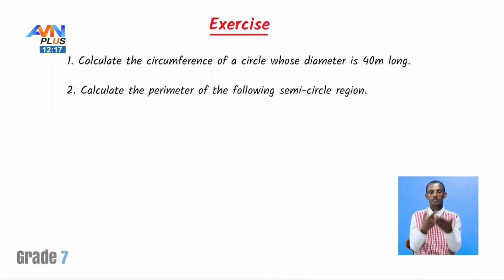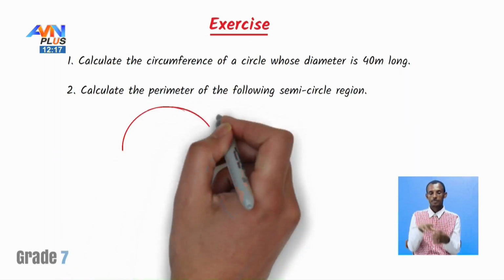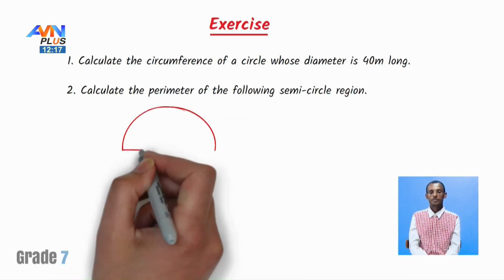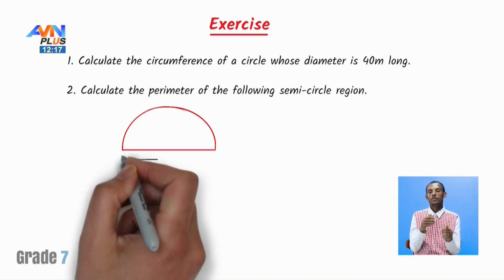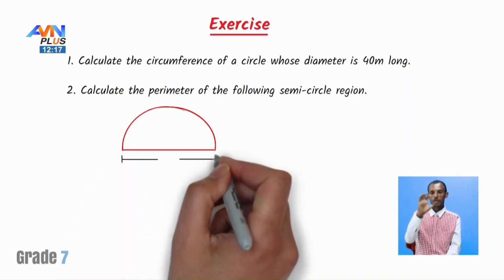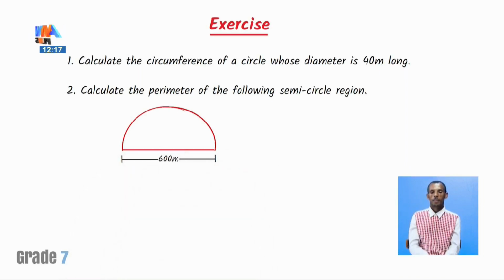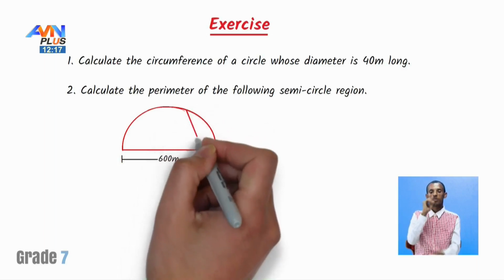Here the semicircle is given, and this length is given to be 600 meters. So you are asked to find the perimeter of the semicircular region.